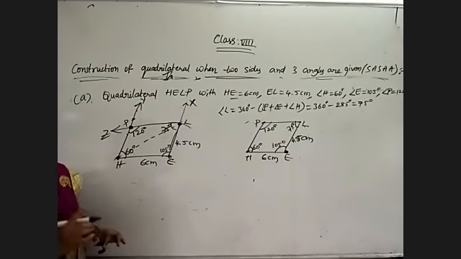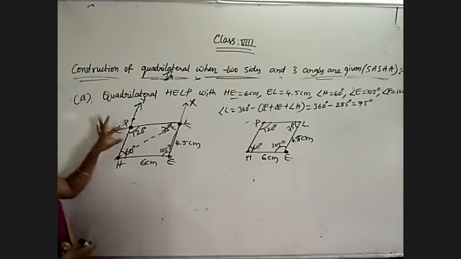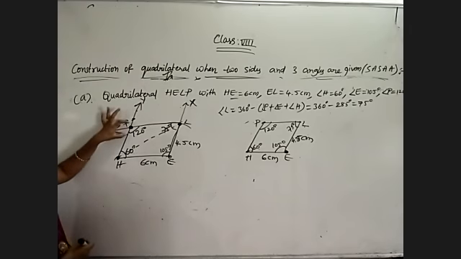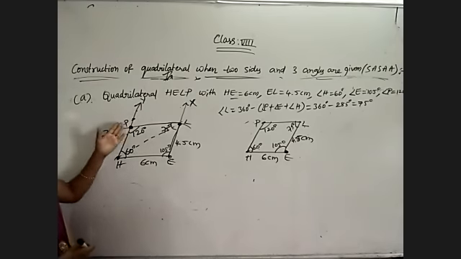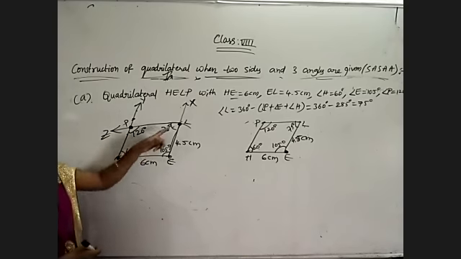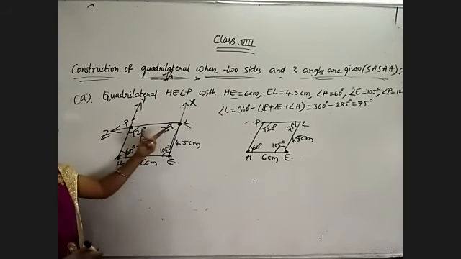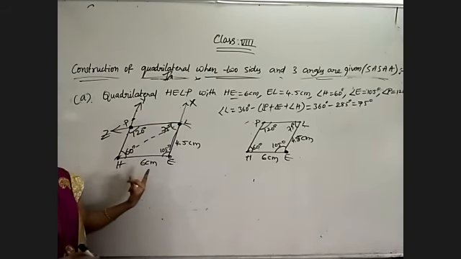Once again I am telling, listen. In this quadrilateral also they did not give it directly. They have given angle P, but we cannot find where we need to place P. The P vertex only we are finding. That vertex we don't know. So for that sake, which vertex do we know? Angle L we know. So find angle L first by using the angle sum property of the quadrilateral.